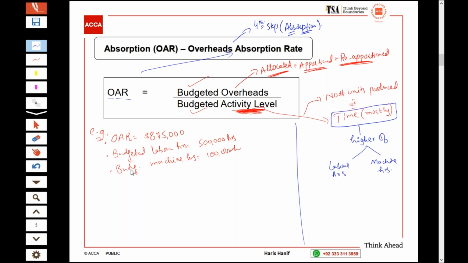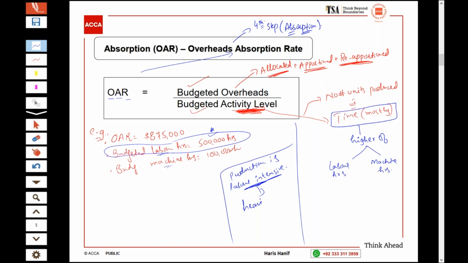Now see, your production depends on labor hours and machine hours both, but in this specific example your production is heavily dependent on the labor hours. So you will be terming this as the production is labor intensive, that means heavily depends on labor.